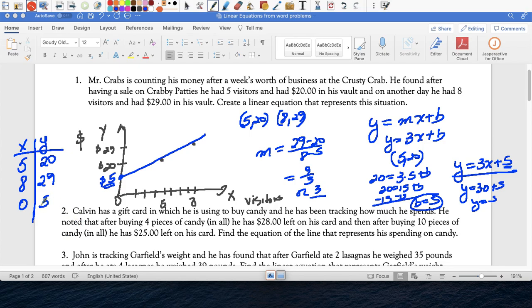How do you explain that nobody came to buy anything, and there's still 5 bucks? Well, maybe that 5 bucks is the money that he leaves in the register for change. Maybe it's the 5 bucks from last night. If you ever open a store, you're always going to leave some money in your cash register, and that could be the explanation for that 5.